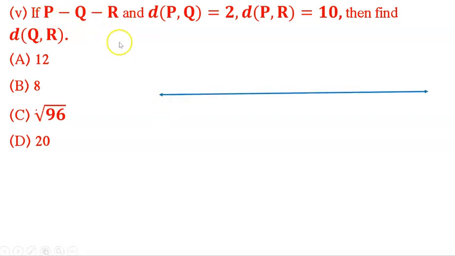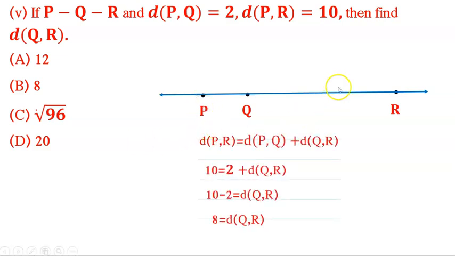Point Q is in between P and R. Therefore we can write here P, Q, and here R. Okay. Therefore distance PR is equal to distance PQ plus distance QR. Substitute the value. PR is given, that is 10 is equal to PQ is 2. 10 is equal to 2 plus distance QR. Therefore distance QR is equal to 10 minus 2, that is distance QR is equal to 8, and hence option B is correct here. Okay.